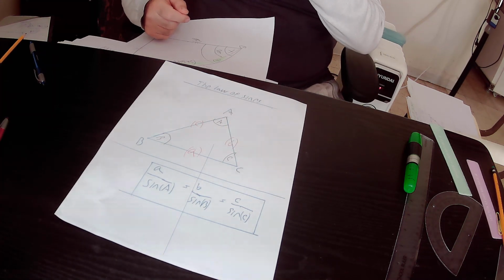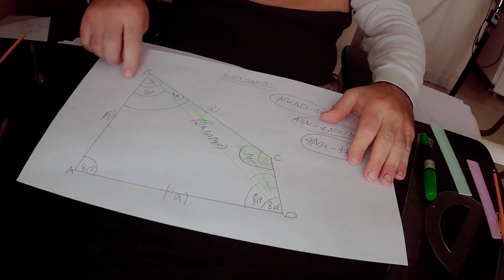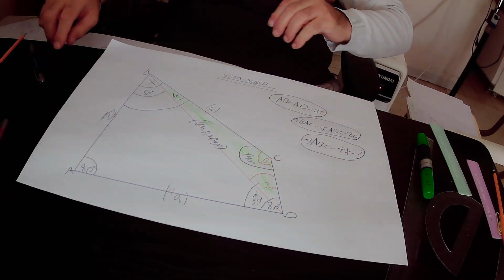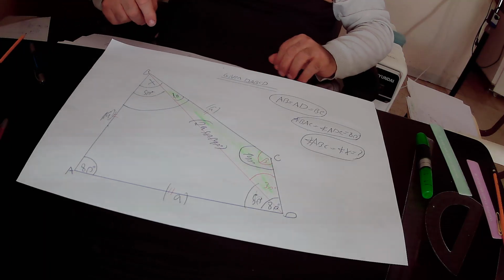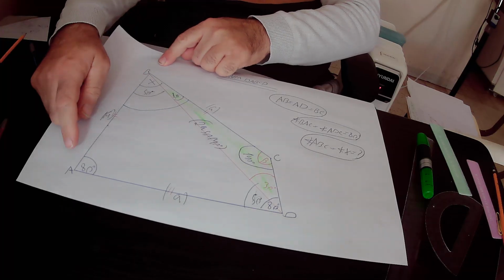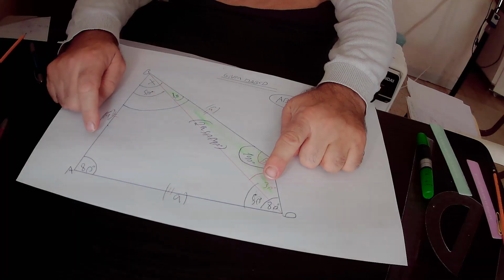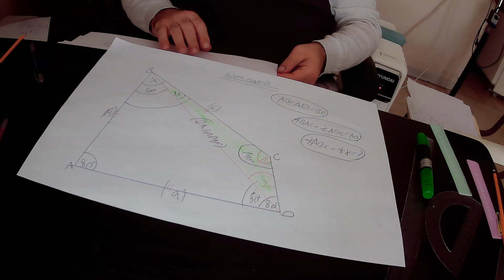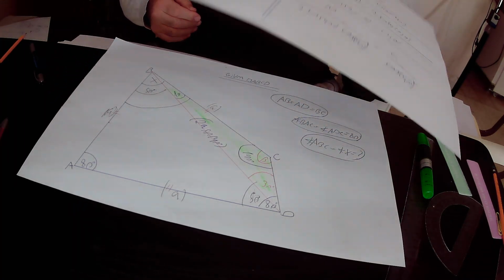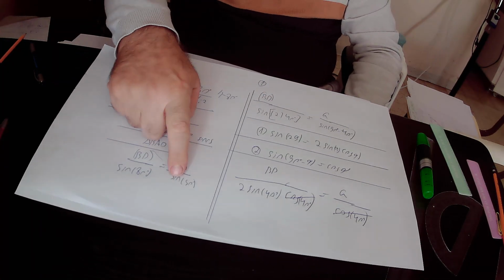So we can actually implement the law of sines in our triangle ABD. According to the law of sines, BD over sine 80 degrees equals BA over sine 50 degrees.